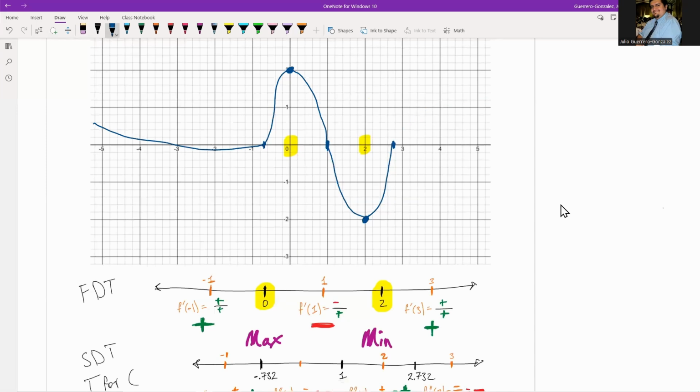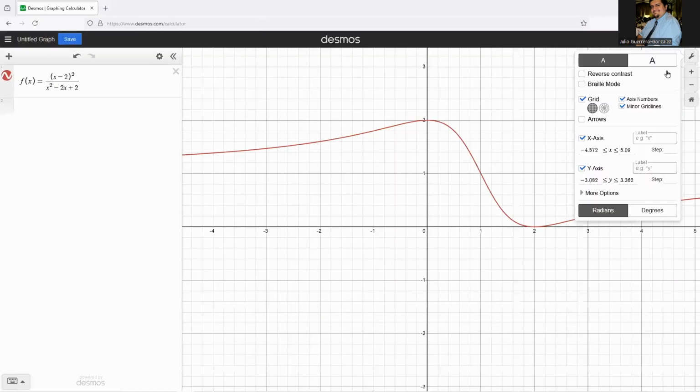And let's do it a little more. Okay. So our graph should look something like this. And lo and behold, right? I've already graphed it for everybody.